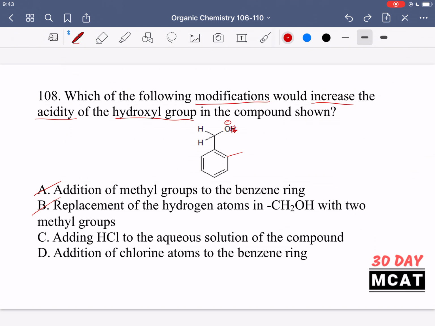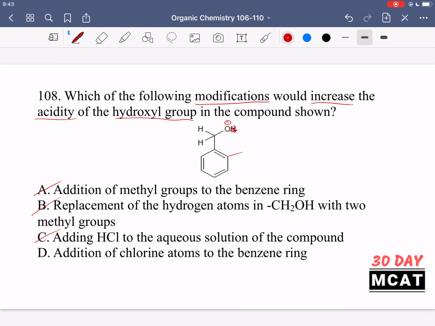Option C is saying adding HCl to the aqueous solution of the compound. No, you should definitely know to remove this answer because if you add HCl, sure, you made the overall solution a more acidic solution, but you didn't change any real property of the molecule itself. You have to make a covalent modification to the molecule rather than just changing the environment that it's in.